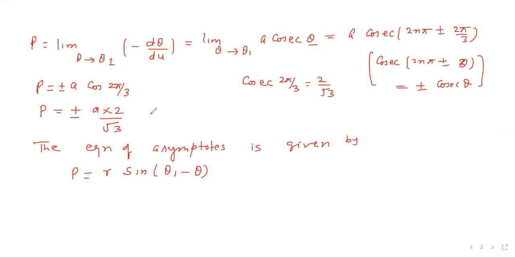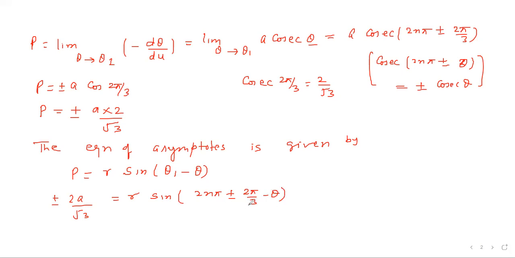And we have got the value of p as plus minus 2a upon root 3, equal to r sine, in place of theta 1 we put 2n pi plus minus 2 pi by 3, minus theta.